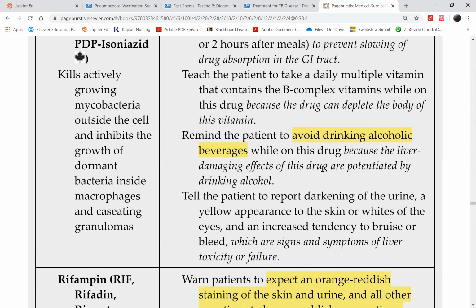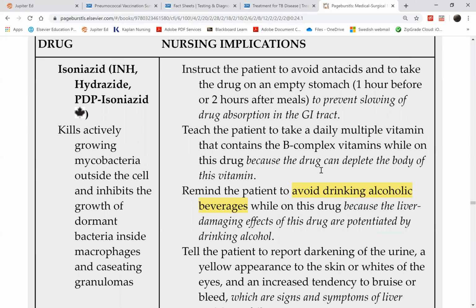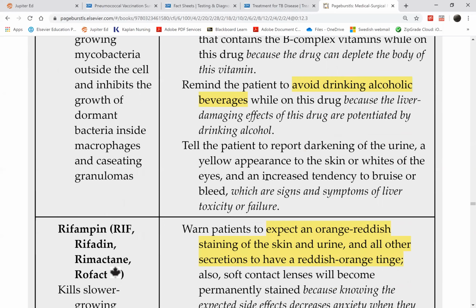Yes. Okay. But almost all of them, you need to avoid drinking alcohol, so that it tells you that the drug is very hepatotoxic. And this drug, also another detail is you take B vitamins with them, because that will deplete your supply while taking that drug.